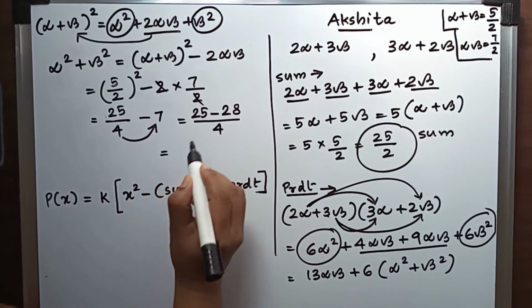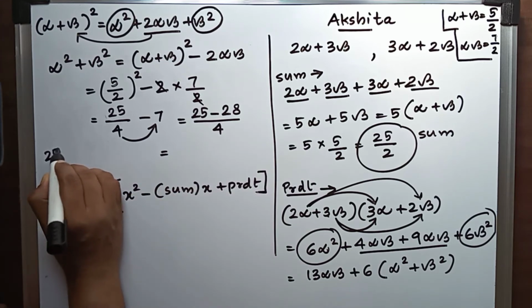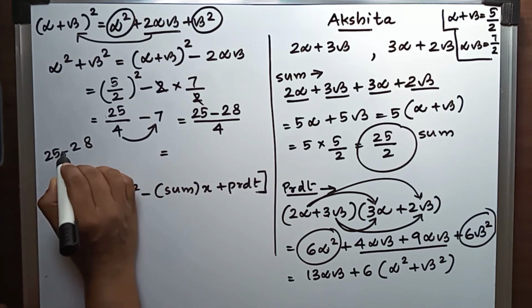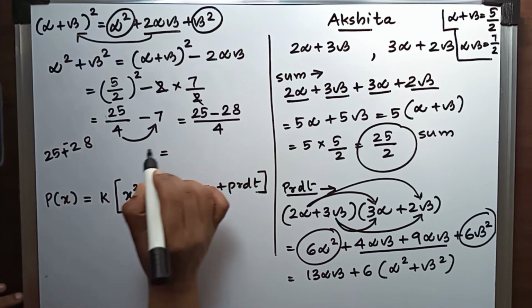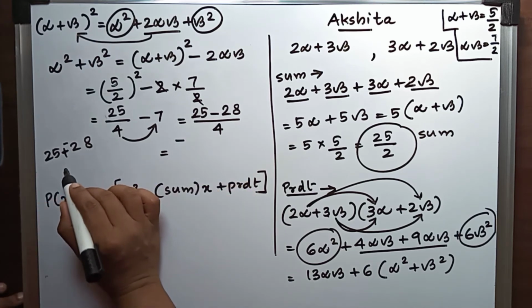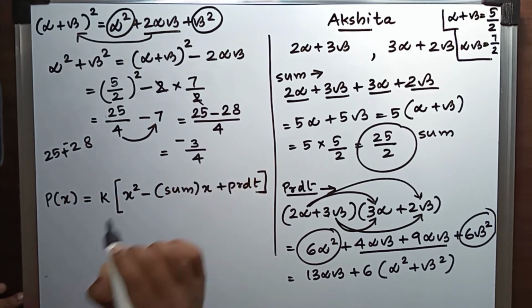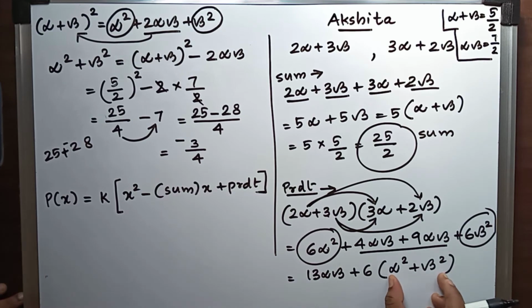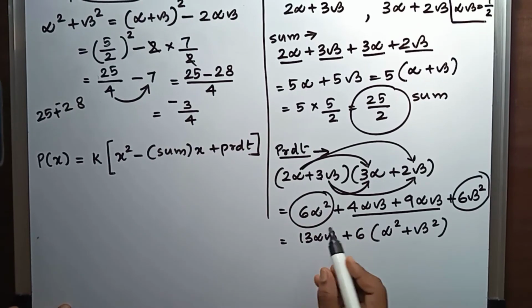Now this is equal to 25 minus 28. 25 minus 28 can be considered as 25 plus minus 28. Here the bigger one is negative, so the answer is also negative. Then bigger minus smaller. 28 minus 25 is 3. So minus 3 by 4 is the value of this alpha square plus beta square. So let us apply this value here.